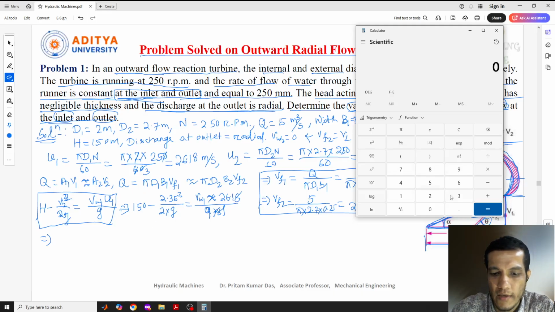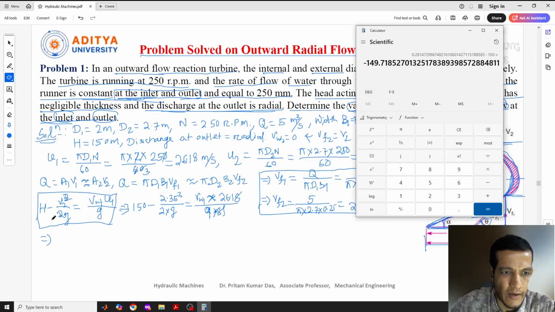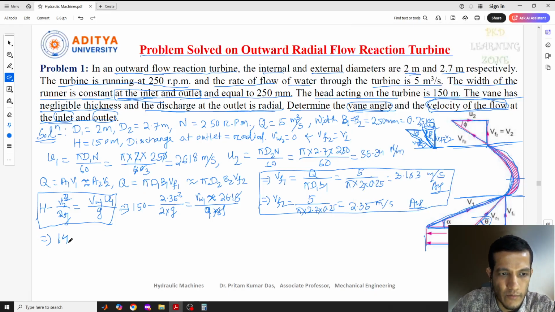Finally we got this: 2.35 square divided by 2 into 9.81 is something like 0.281. Then 150 minus this gives 149.7. Now we got this value, 149 point something, 7.